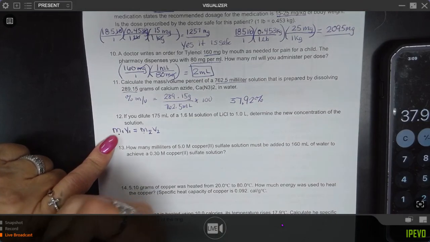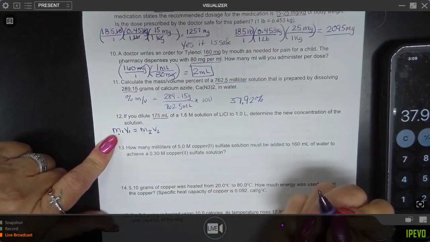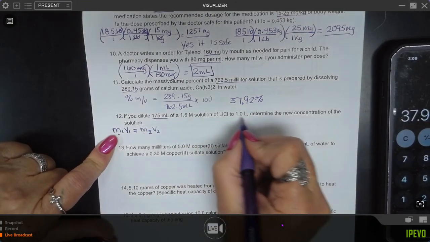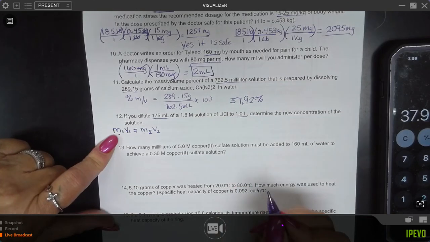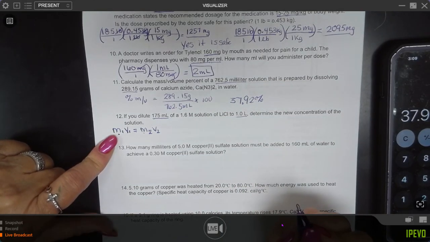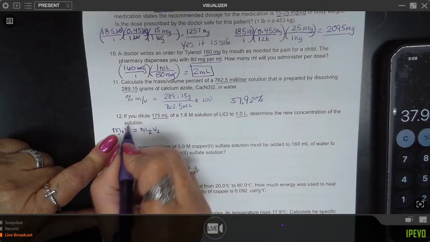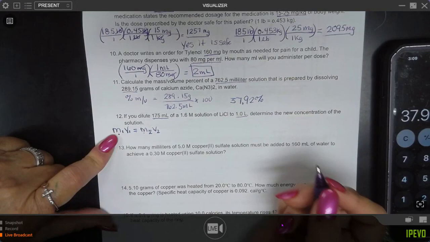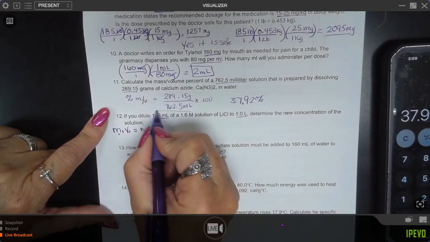The thing you've got to make sure of is that you have the same units, okay? And we kind of tripped you up here because we said 175 milliliters, and here we have liters, okay? So all we have to do is convert milliliters to liters, and we can figure out the concentration of M2, okay? The other thing you want to do is make sure that you connect the right numbers.